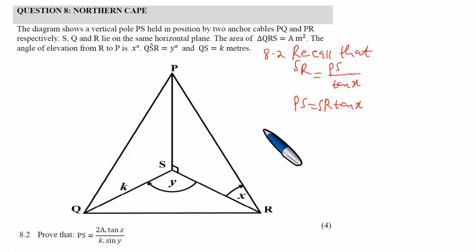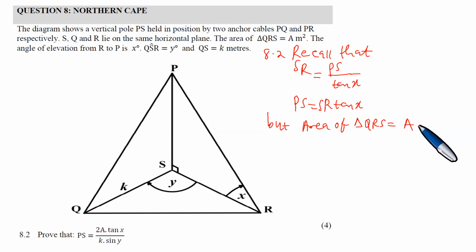So they love the area, these examiners. So we shall say the area of triangle QRS, like the examiner, this area has already been given like this. But we can find it as well. Okay, we can start with the given one.